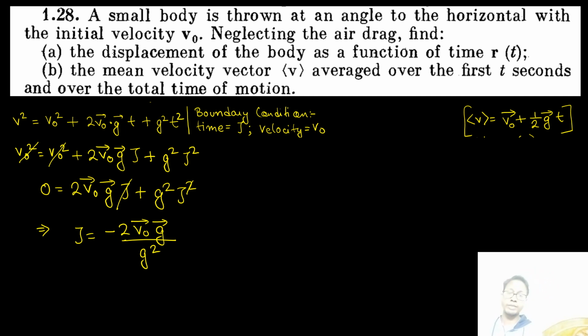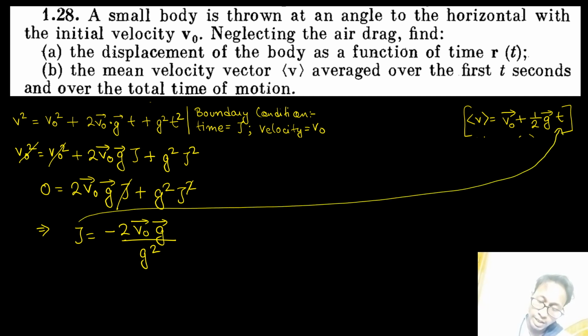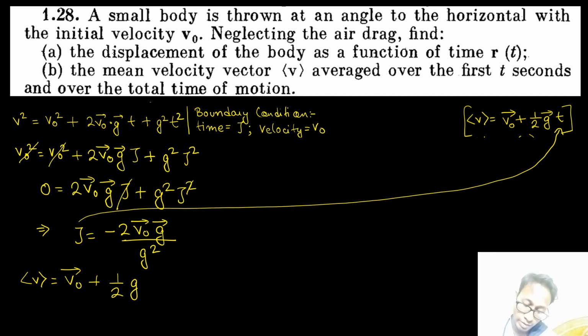If we substitute this tau out here, the value of tau is substituted. And what is the equation? This equation is nothing but average velocity for the time t. So the average velocity for the entire projectile would be, if we substitute tau out here, delta V is equal to V naught plus half G t for tau.